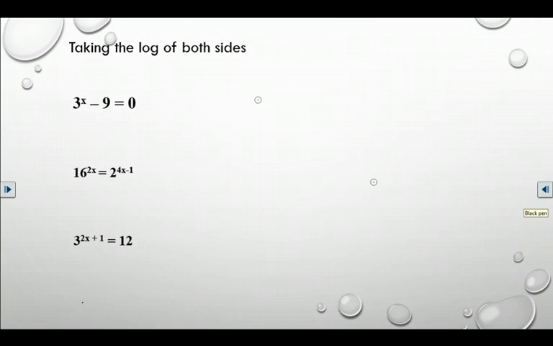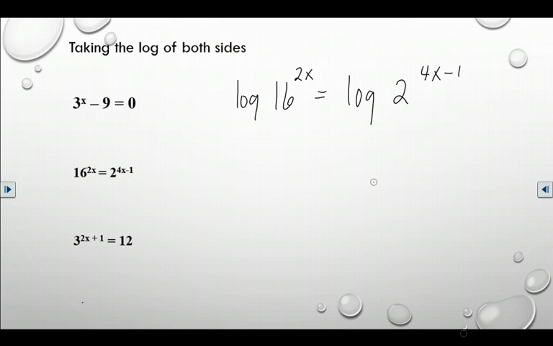Log of 16 to the 2x is equal to log of 2 to the 4x minus 1. Use your power rule. Bring it out.